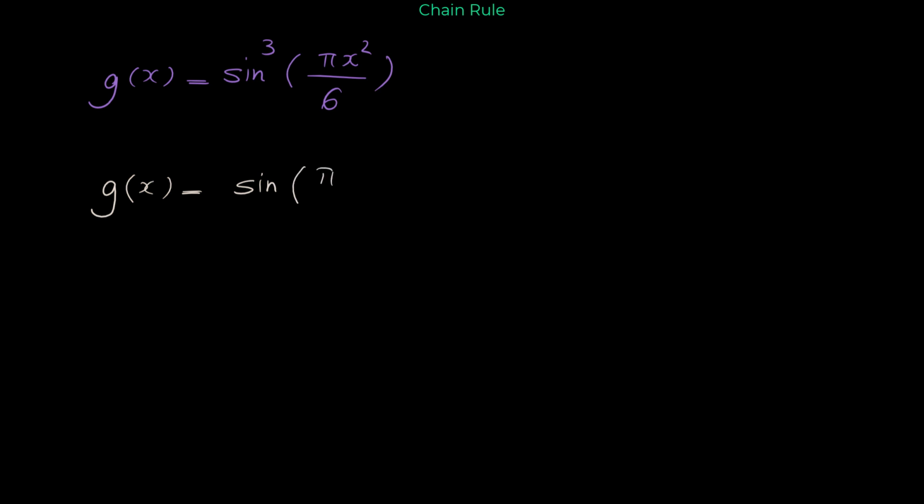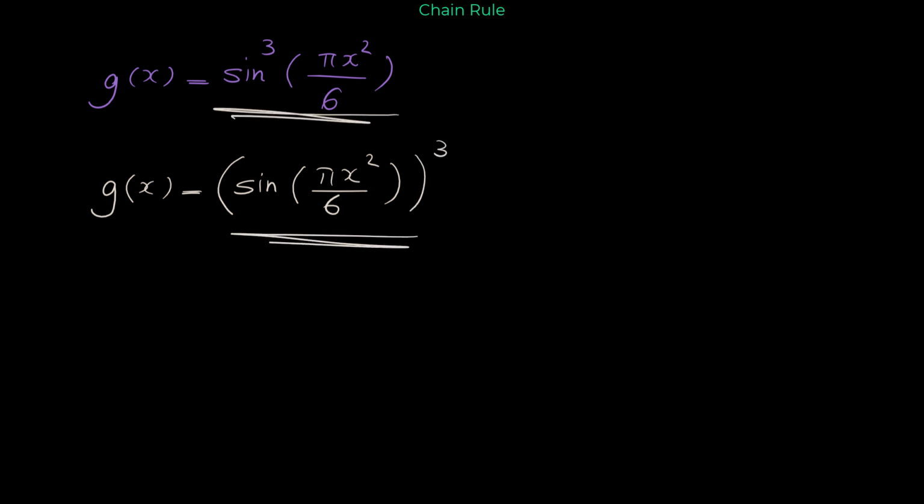Sine of pi x to the 2 over 6 all to the power of 3. This function is actually this function. We have to calculate sine of this and then we have to raise it to the 3. Why is this form better? Because when you rewrite the function in this form, it's more clear to you what is the outside function and what is the inside function.